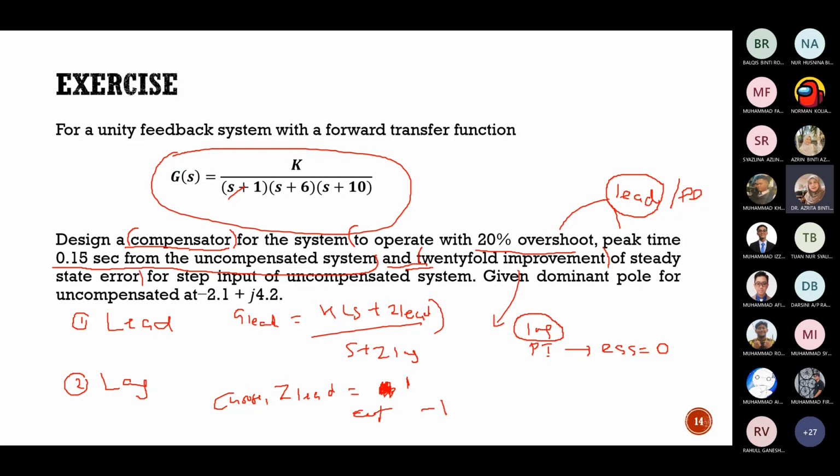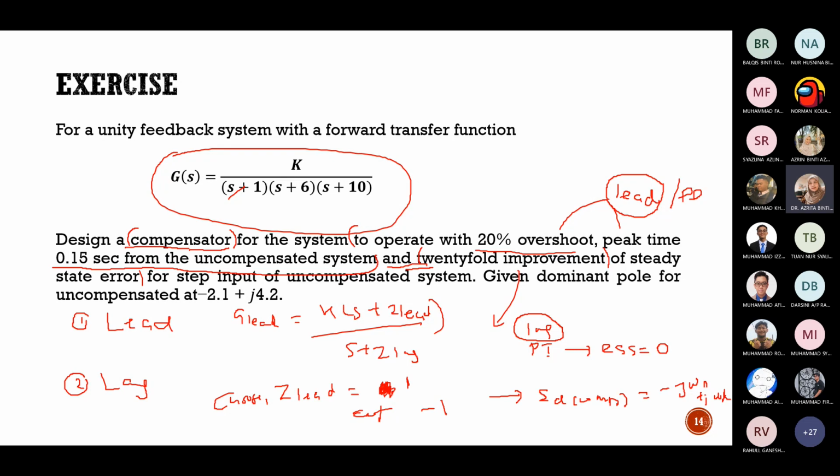Okay, so remember again, to design the lead and the PD controller, we need to first know the s_d compensator, or s_d new. So we need to find the s_d compensator. The general formula is given by minus zeta omega n plus j omega d.